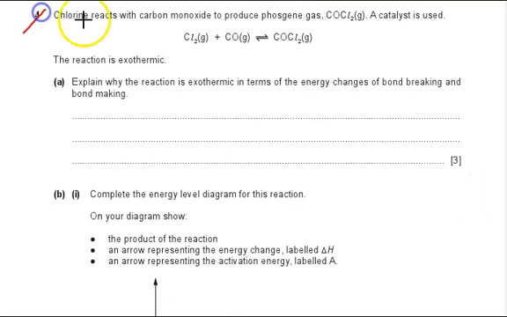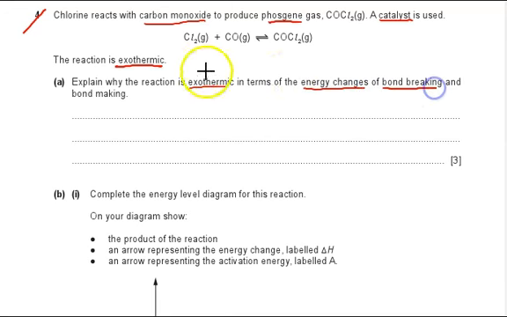Okay, now for question number 4. Chlorine reacts with carbon monoxide to produce phosgene gas. A catalyst is used. Okay, the reaction is exothermic. Exothermic means it releases more heat. Explain why the reaction is exothermic in terms of energy changes of bond breaking and bond making. Okay, we have to remember this.